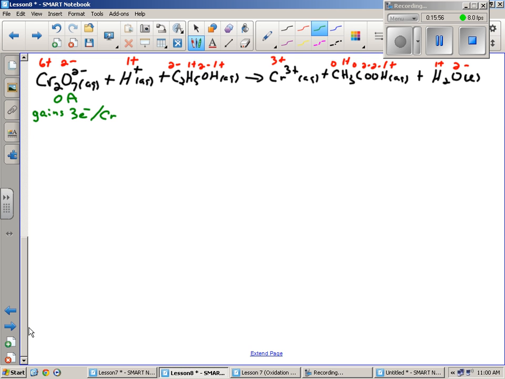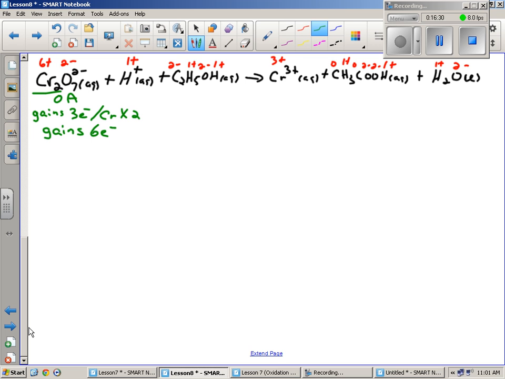For each chromium atom that I have, I'm gaining 3, yes? We're just focusing on one atom to one atom basically, and that's our oxidation numbers. In total, look, how many chromiums do I have here? 2. So, in total, I'm going to put down here gains 6 electrons. I'm not going to take this one and times it by 2, of course, because I have 2 chromiums there. Okay?